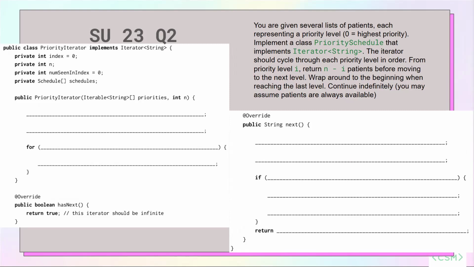This is a little bit confusing, but I think basically for each of the schedules, you see a list of schedules. For each of the schedules, you should be seeing up to a certain number of patients. And then once you've seen that certain number of patients, you should go to the next schedule, if that makes sense.